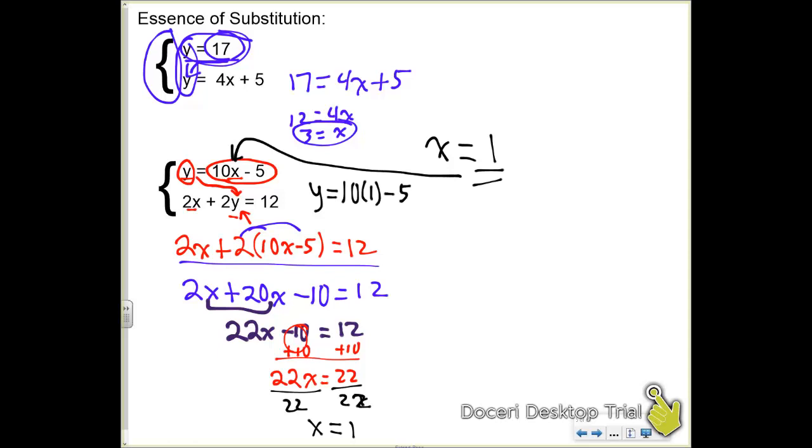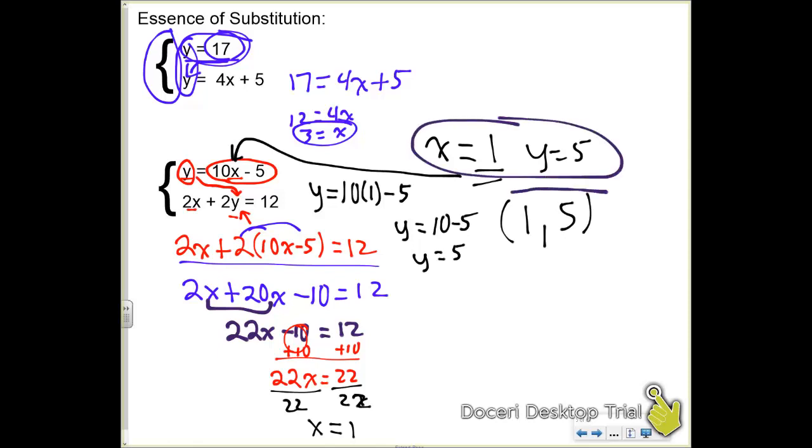Of course, 10 times 1 is 10, so y equals 10 minus 5. y equals 5. So the solution is actually 1 comma 5. Now you could list it like this here, but it's not uncommon to list the solution as an ordered pair, like you'd find it on a graph.